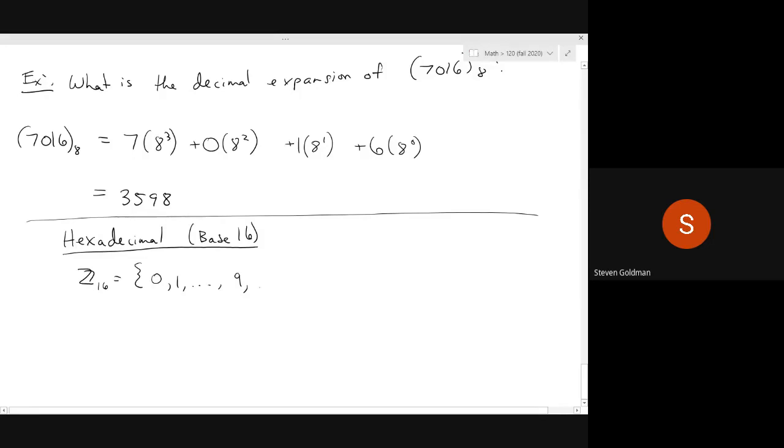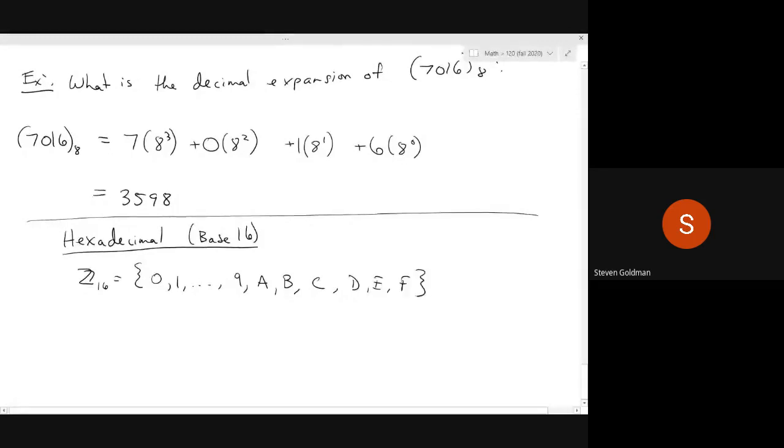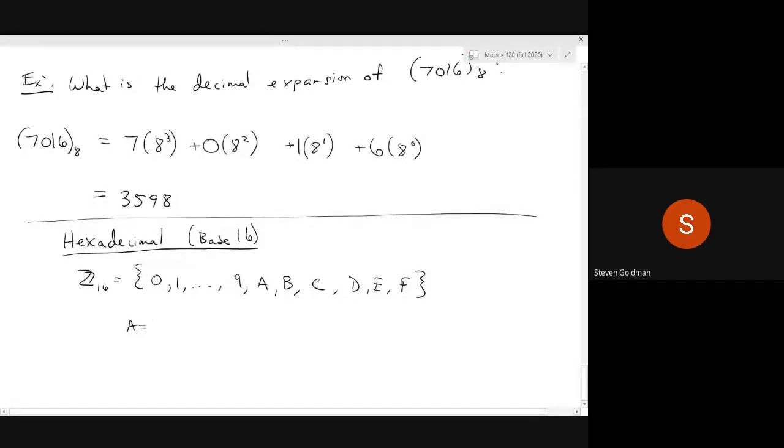However, for 10, 11, 12, 13, 14, and 15, we have letters to represent those numbers. So A is 10, B is 11, C is 12, D is 13, E is 14, and F is 15.